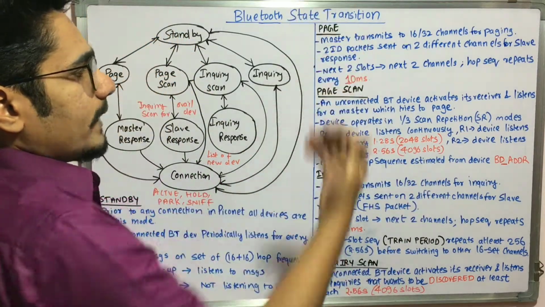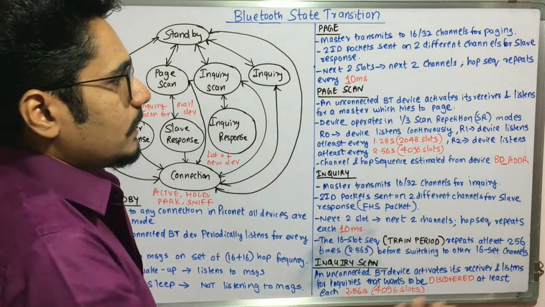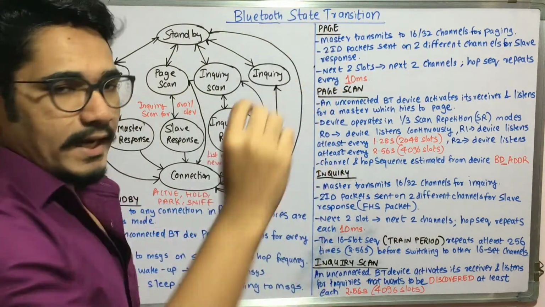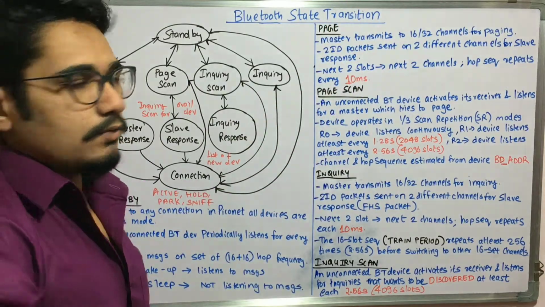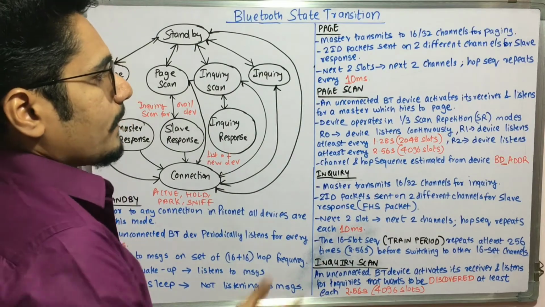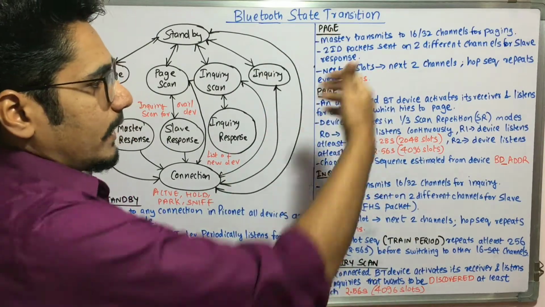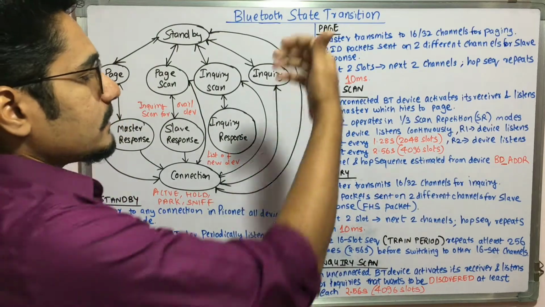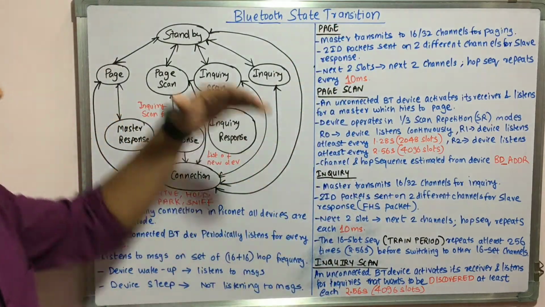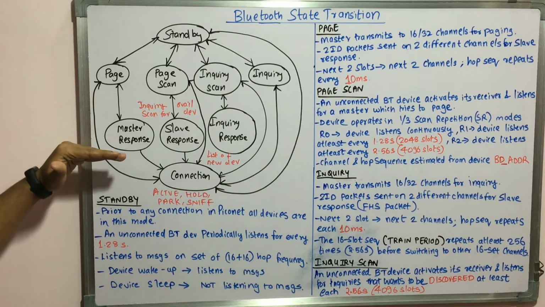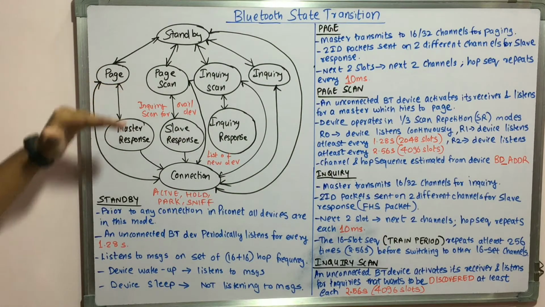Two ID packets are sent on two different channels for slave responses. For the first 16 channels you have the first ID packet, and for the second 16 channels you have the second ID packet, and both are sent on two different channels. The next two slots are used for the next two channels, and so on. The hop repeats after every 10 milliseconds, and then it fetches the master response for which it does the paging.